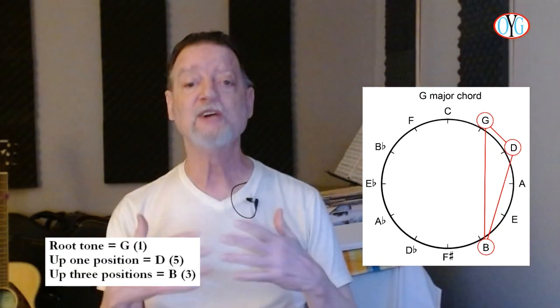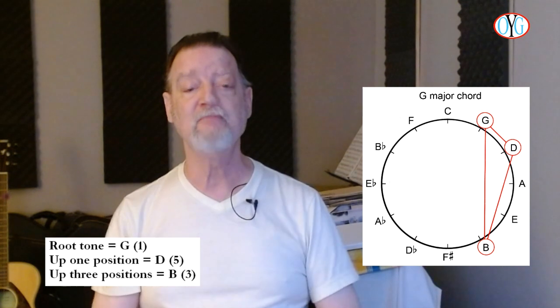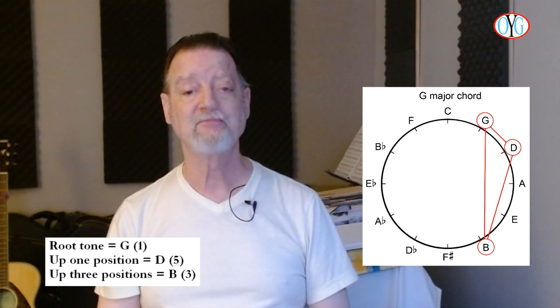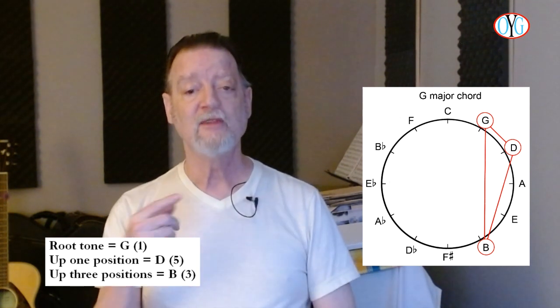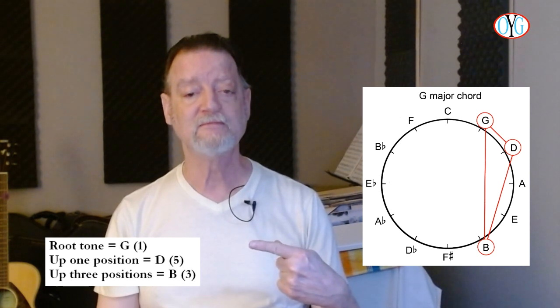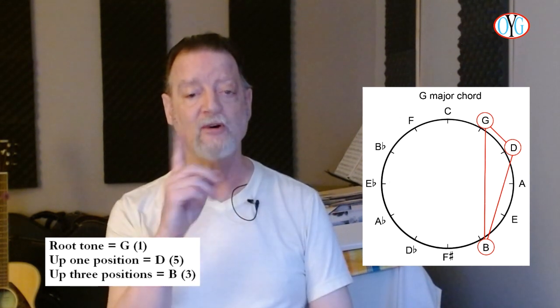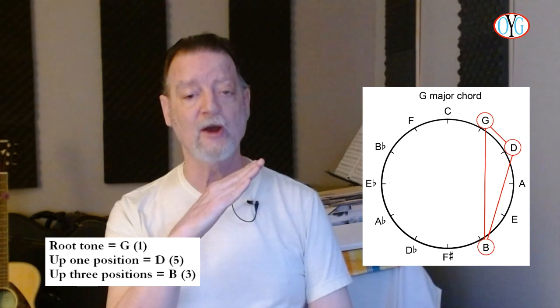Now, play a G chord, any version of a G major chord. Using the equation, we're going to start with the key tone, which is G, and that's at 1 o'clock on the circle.